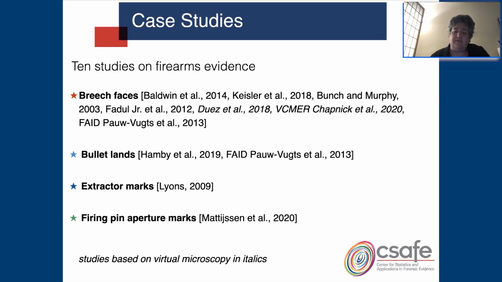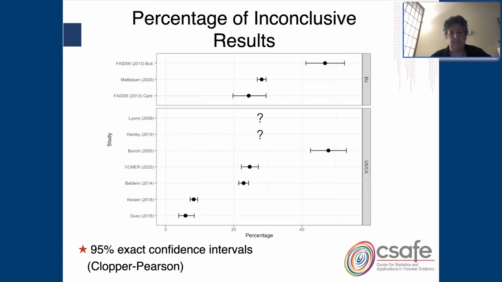Leon et al. have looked at extractor marks, and then Mattison also looked at firing pin aperture marks. So we looked at all of these studies. Some of them are in italic. Those would be studies that used virtual microscopy. And we had a look at how many inconclusives we found in each one of these studies.